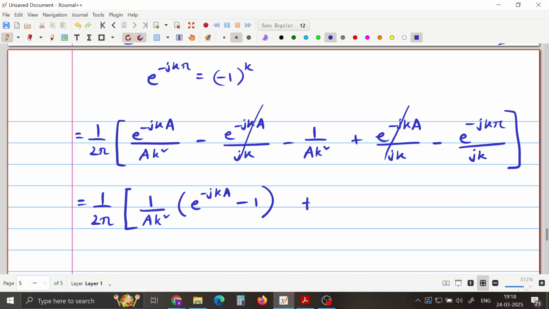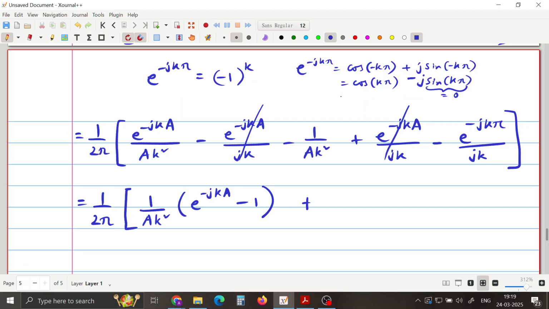Why? Because e power minus jk pi is nothing but cos of minus k pi plus j sine of minus k pi, again using Euler's identity. So cos of minus k pi is the same as cos of k pi, because cos is an even function, and sine being an odd function, the minus sign will come out, minus sine k pi. Now this is simply 0, because the sine function evaluated at all multiples of pi is simply 0.